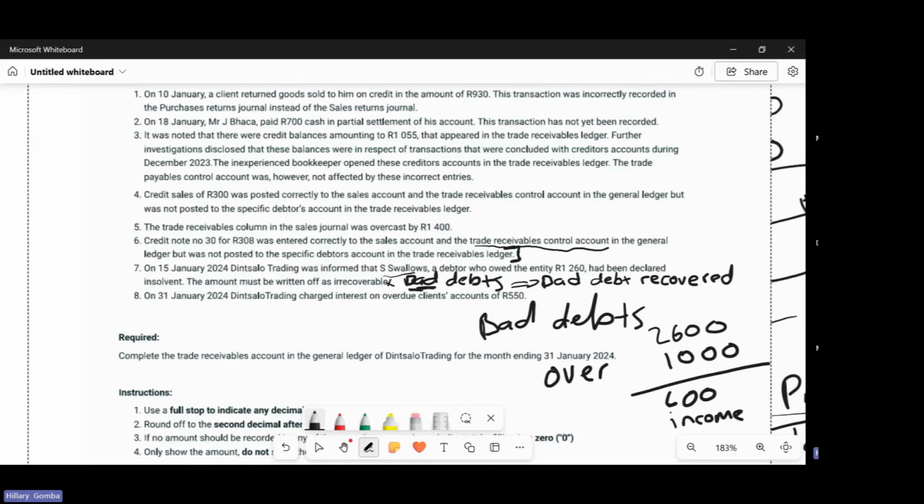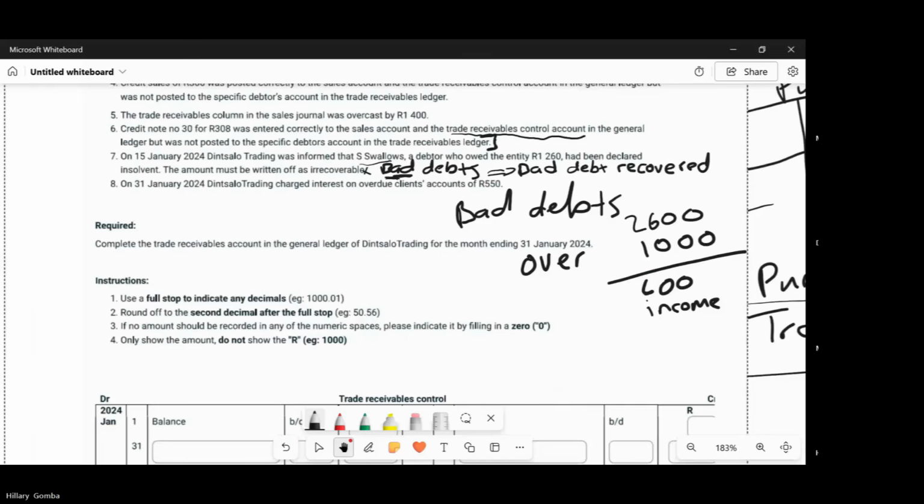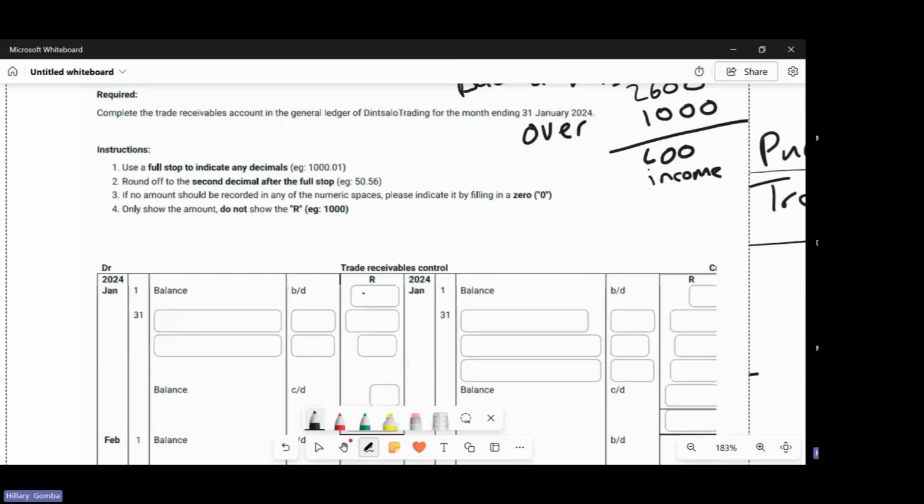So now dealing with our trade receivables control account, we had our 88,000 here. And then here we have our sales, which is our sales journal. And here is how you record your interest income, because it's increasing the trade receivables control. So you record it as the 550.